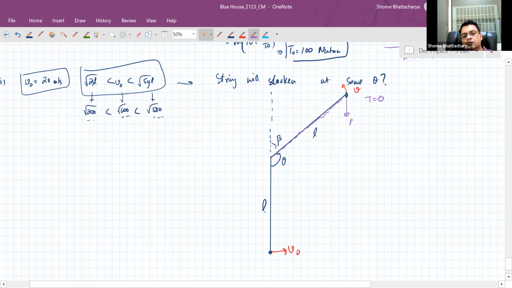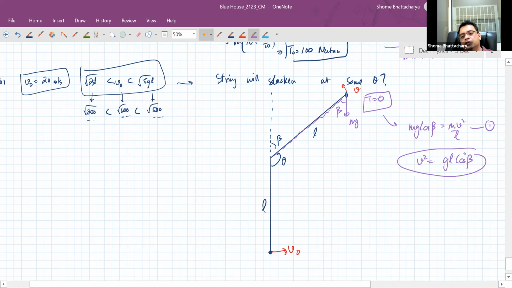The condition for tension to become 0 is that mg cos beta should be equal to mv square by l. So that's our first equation. From this, v square is equal to gl cos beta. Then we have the work-energy relation between this and this. Again, you can see that this is L cos beta.